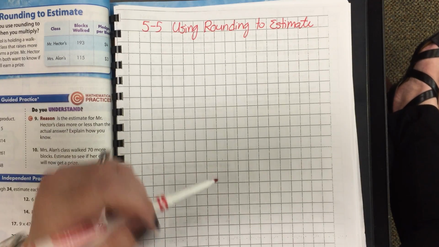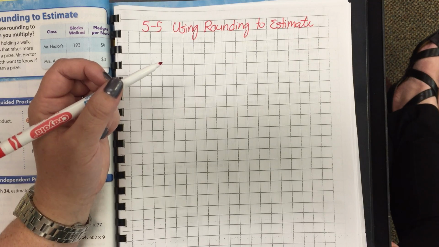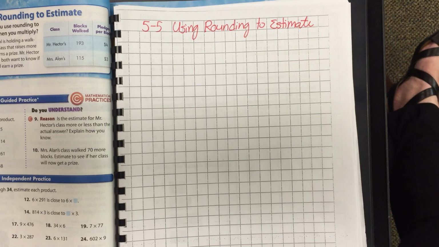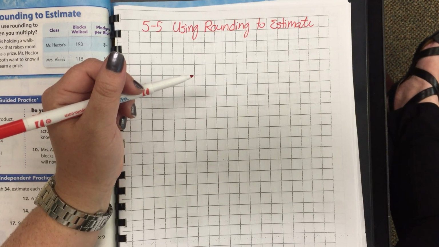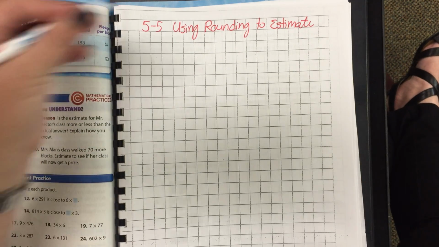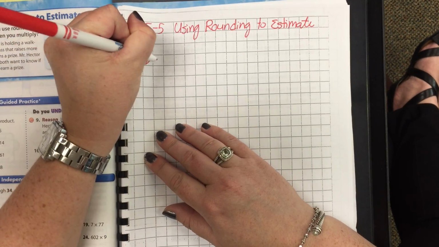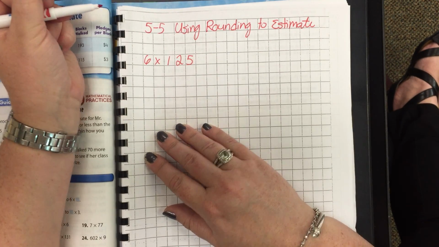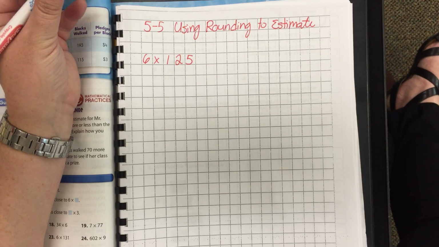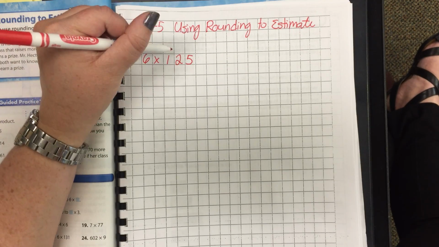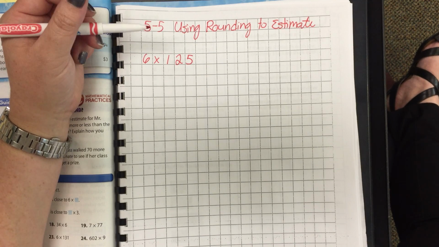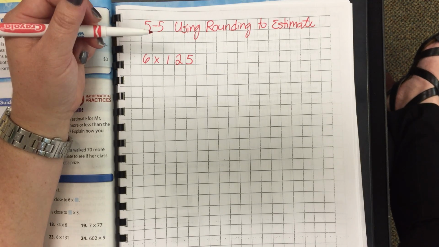So we are going to be solving some multiplication problems by estimating. When we're estimating, we're basically trying to get as many zeros as we can. So let's say I have 6 times 125. If I'm rounding, if the number is in the hundreds, I'm rounding it to the hundreds. If the number only goes up to the tens place, I'm rounding it to the nearest 10.